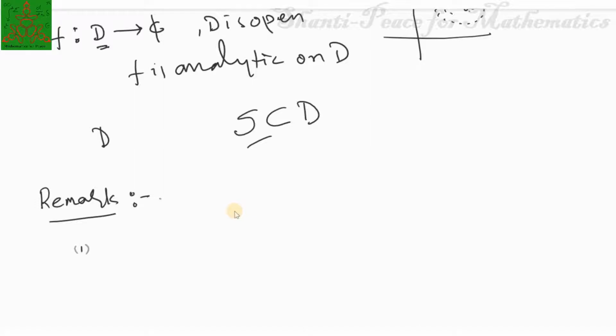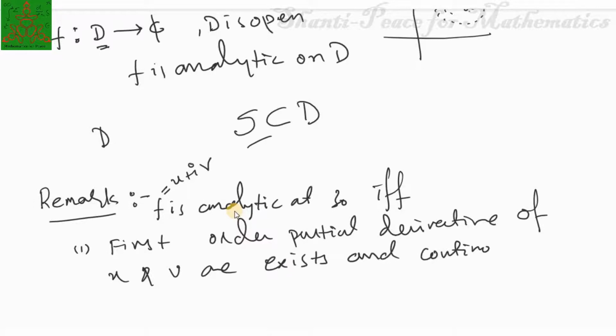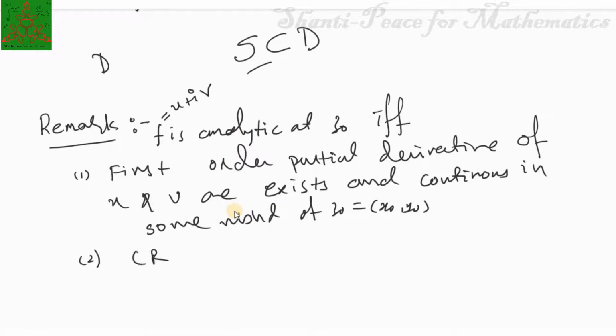A function f is analytic at point z0 if and only if the first order partial derivatives of u and v, where u and v are the real and imaginary components of this function, exist and are continuous in some neighborhood of z0. And second, the CR equations are satisfied in this neighborhood.